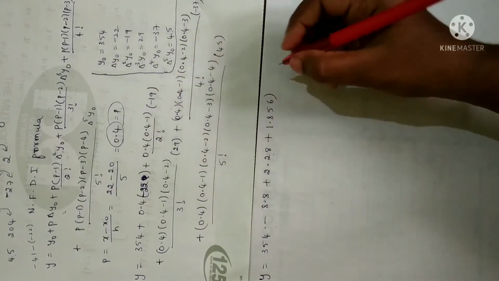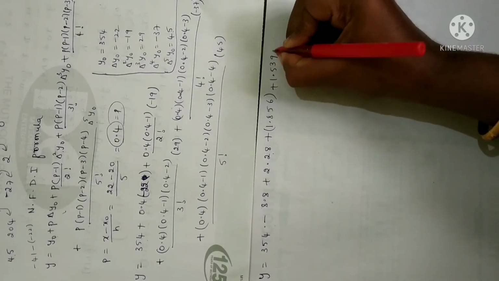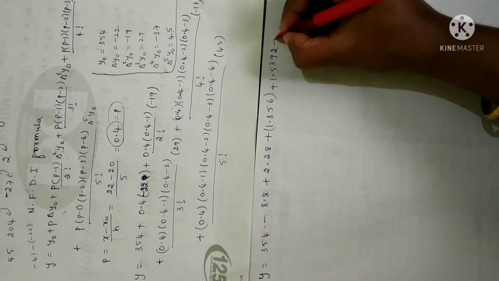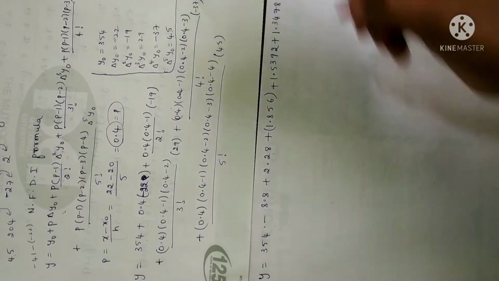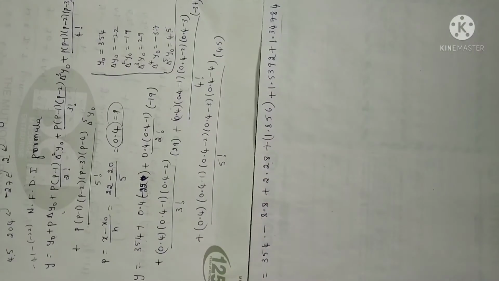Similarly, if you simplify this term, you will get plus 1.5392. Similarly, if you simplify this term, you will get plus 1.34784. Fine. If you want, I will show you the last term. Only last term I will show you.